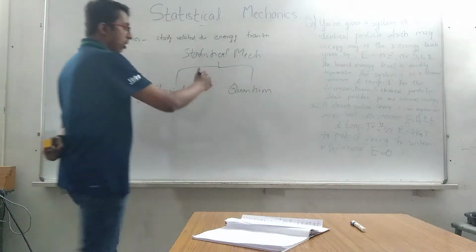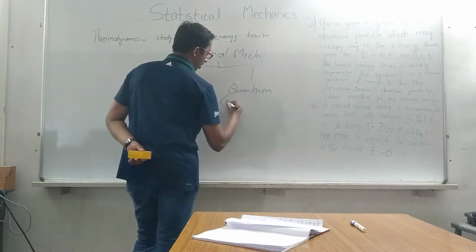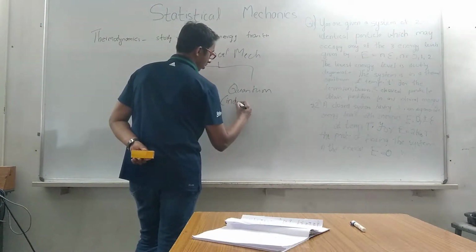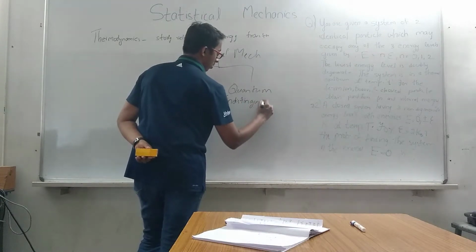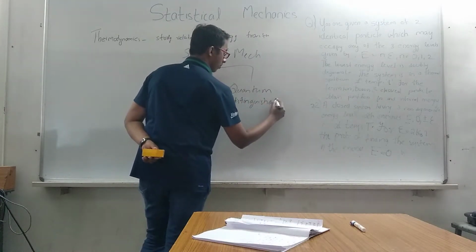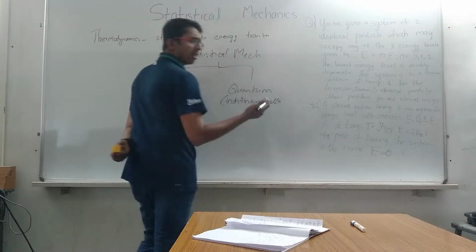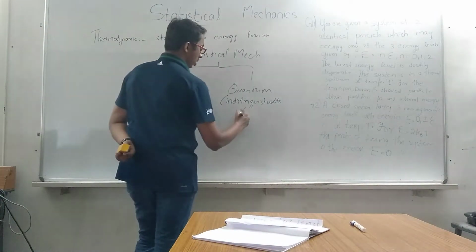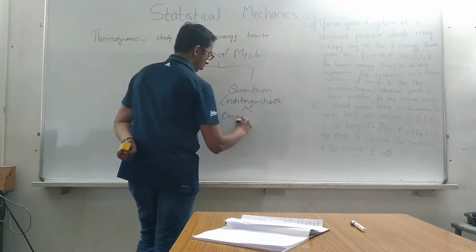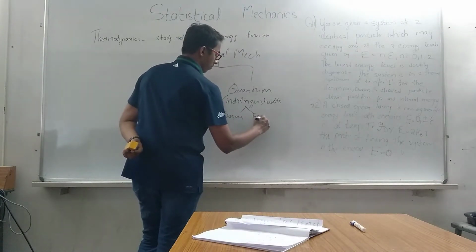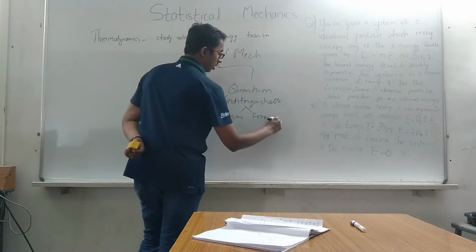In the quantum case, they are indistinguishable. We can then subdivide quantum into bosons and fermions. I will get into that later.